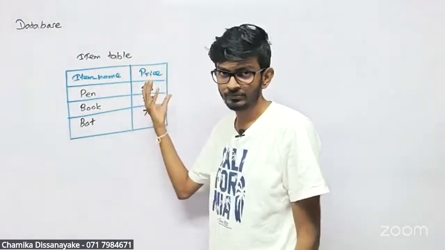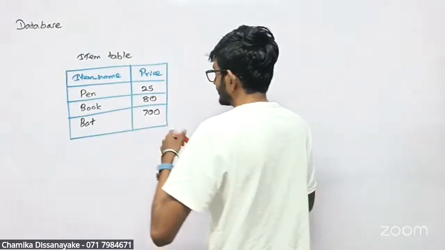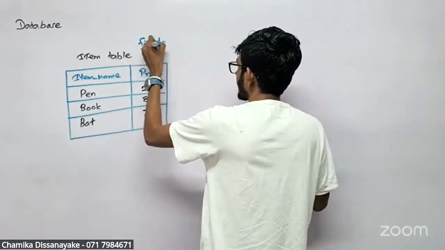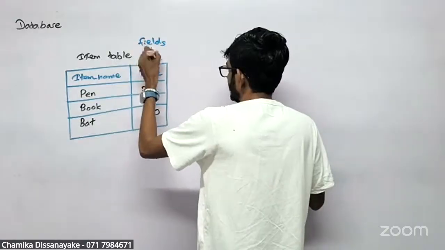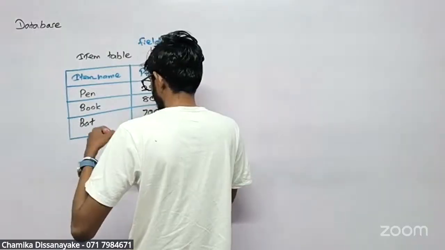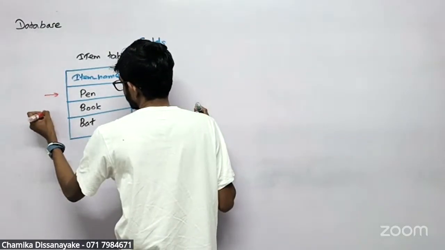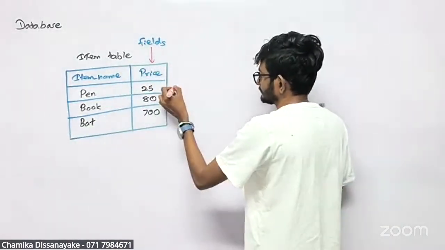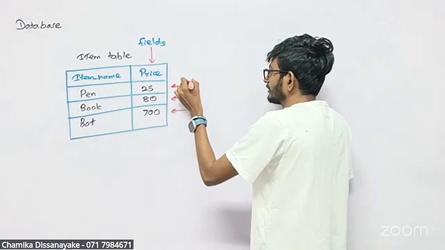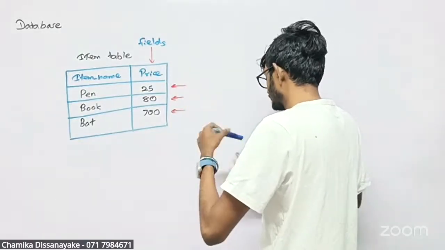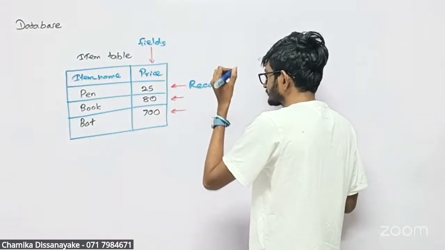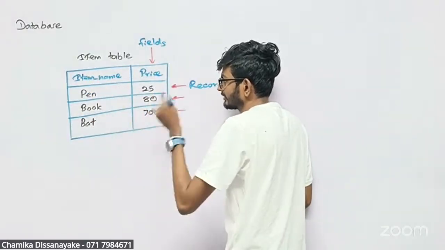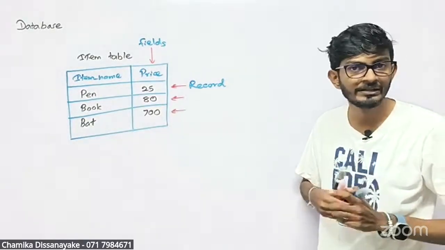So each column is called a field. In a database, we call each column a field, and each row is called a record. That means this is one record, this is another record, this is another record. Those are fields. This is one field, this is another field. This is about a table in a database.